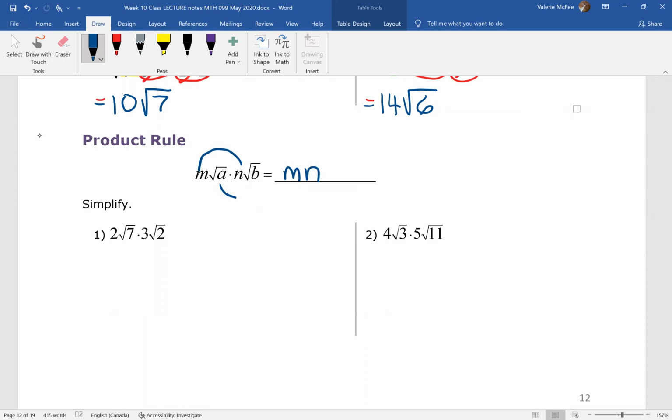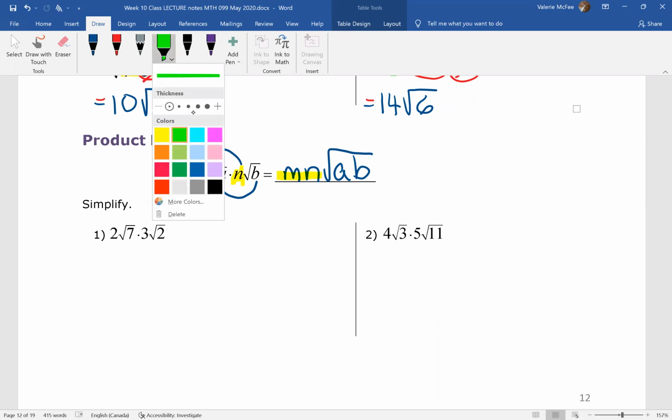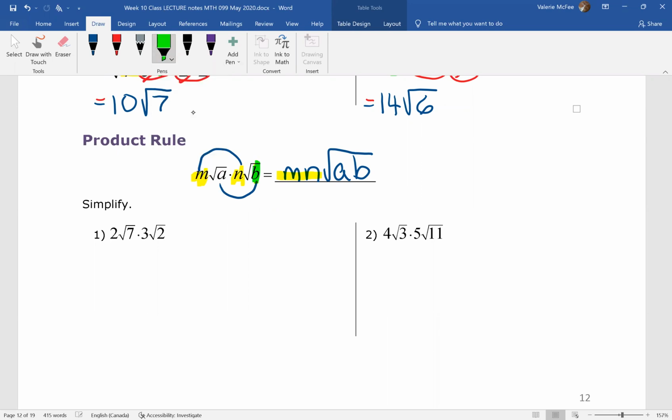We can multiply the numbers inside together. Be careful about that. People sometimes get confused if they haven't practiced enough. So we multiply the numbers outside of the radical sign. We multiply the numbers inside the radical sign.